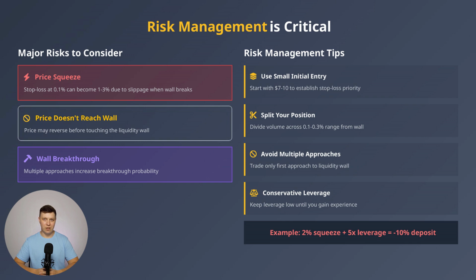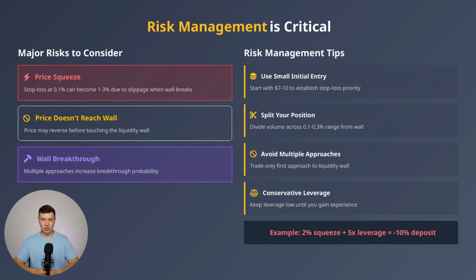Thus, the stop loss will not be triggered at the price it was set, but at a much higher price. A 0.1% stop loss can easily turn into 1 to 3% or more. If you don't use a stop loss at all, things can be even worse, as for everyone who trades without stops. A 2% squeeze plus 5 times leverage, for example, is already a negative 10% loss from your deposit. Therefore, it is also important to assess risks here. Do not increase volumes and leverage without sufficient experience.